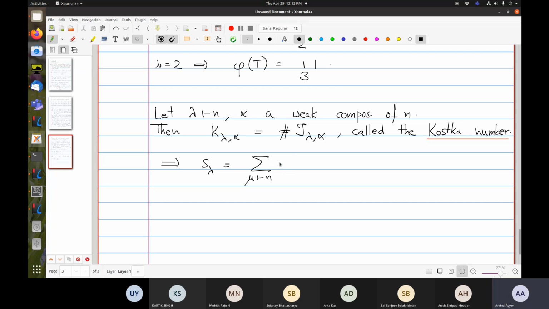Okay, so by the previous theorem, by the above theorem, then you get mu. Right? So it's enough to look at partitions.